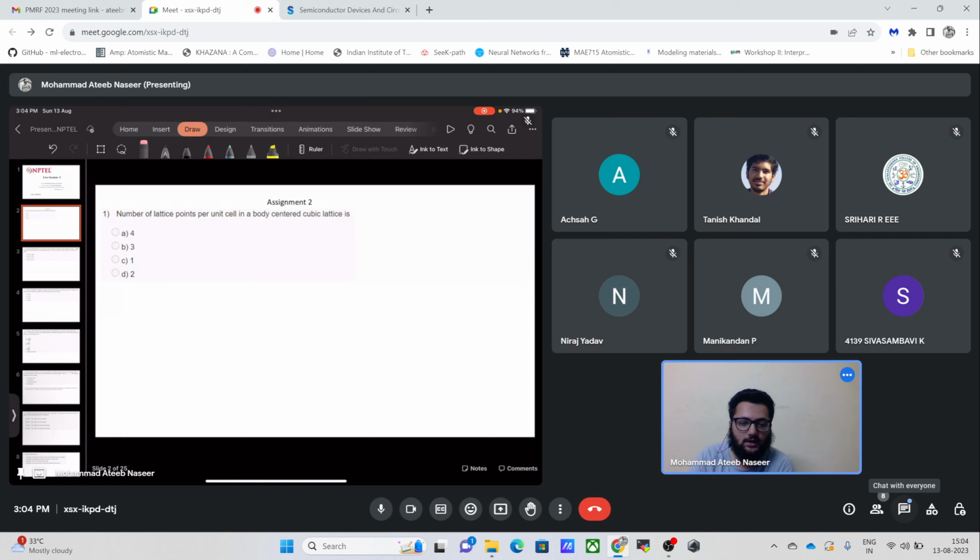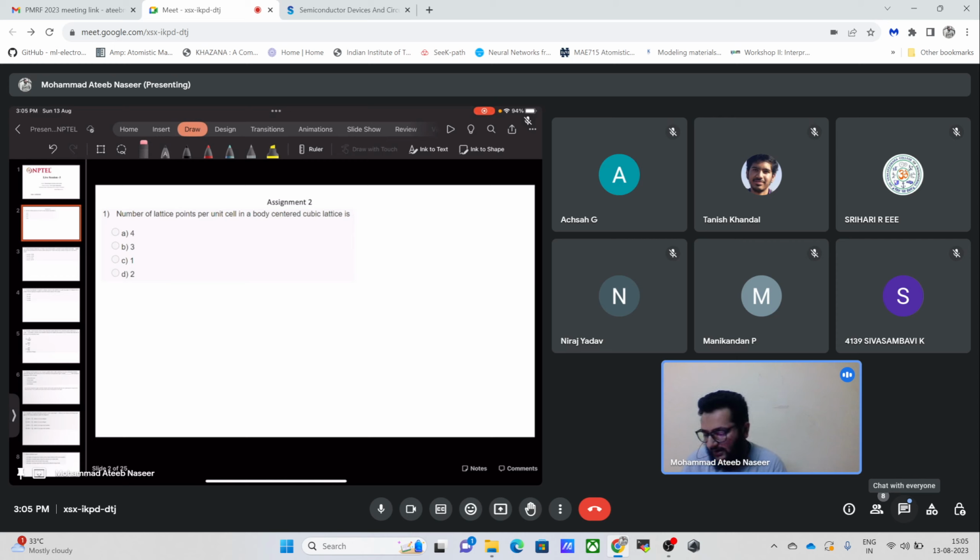If one point of one FCC is at the origin 0 0 0, then the corresponding point of the other FCC will lie at a distance of 1 by 4 from it in all three directions: 1 by 4 in x, 1 by 4 in y, and 1 by 4 in z. That was the interpenetrating FCC, or diamond lattice, that we discussed.